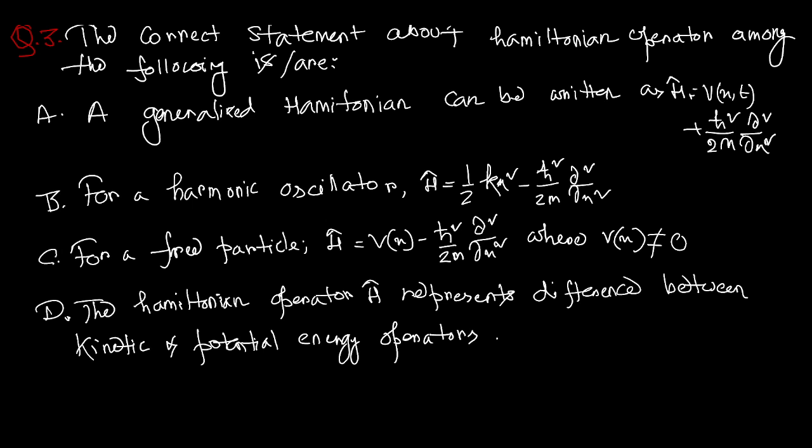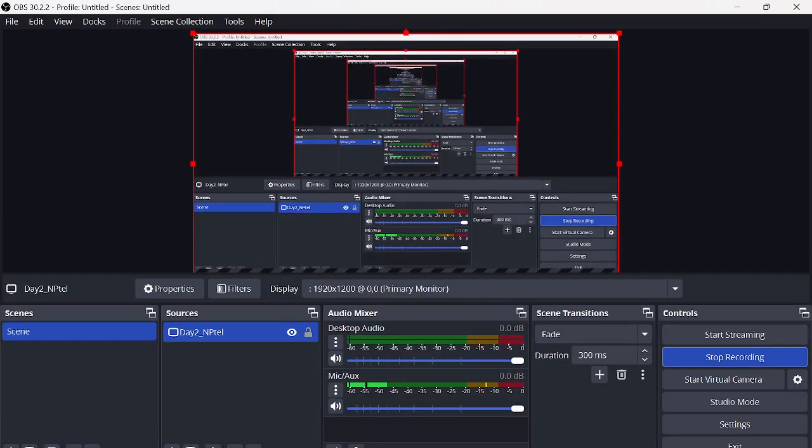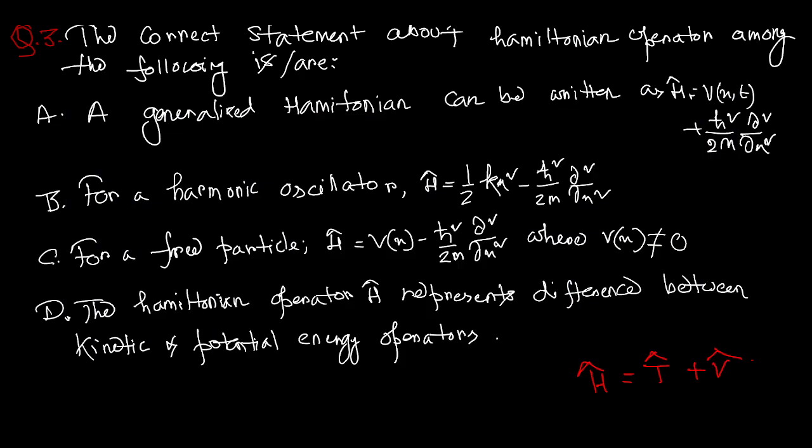So the first question is that the Hamiltonian can be written as H = V(x,t) plus (h-bar squared by 2m)... So we know H, the Hamiltonian, is the sum of T plus V. T is kinetic energy and V is potential energy.